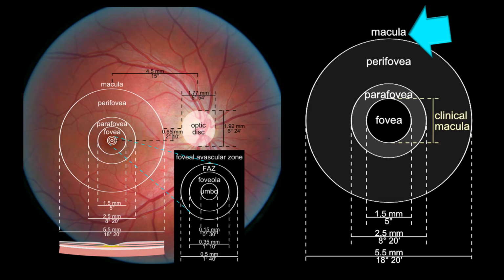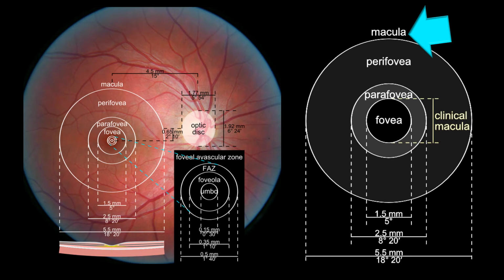The histological macula corresponds to the region of the retina which surrounds the fovea. The boundary with the rest of the retina is histologically defined by the transition from a two-neuron ganglion layer in the macula to a single neuron ganglion layer in the peripheral retina.